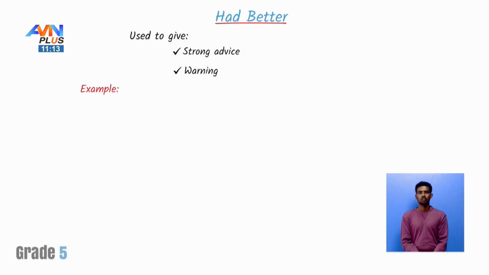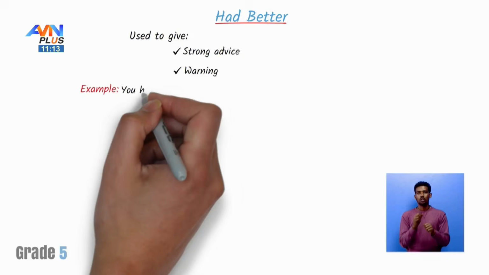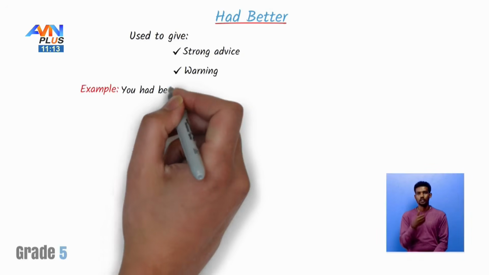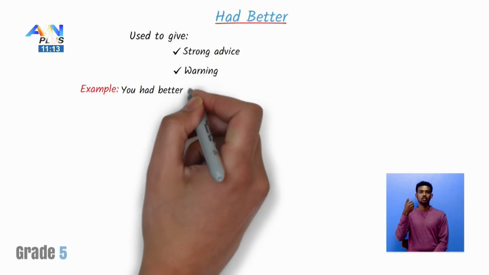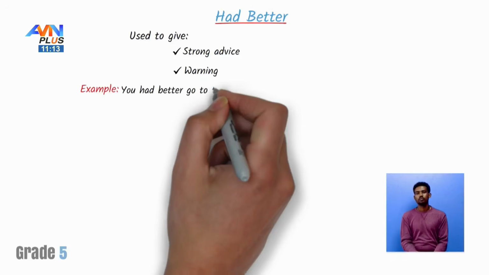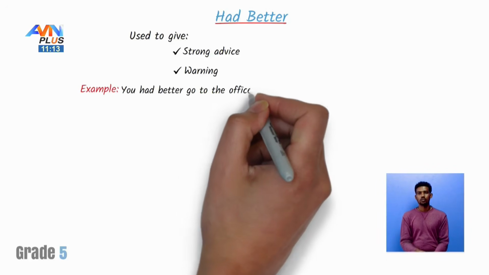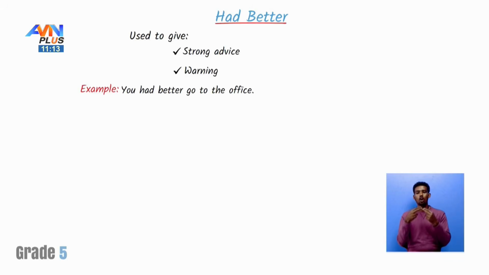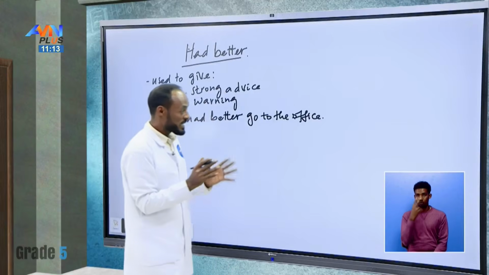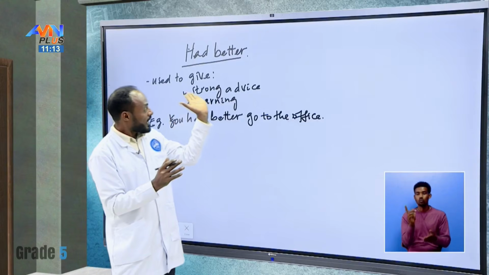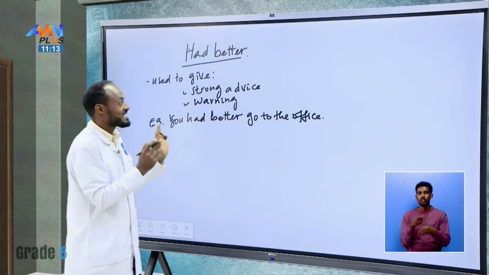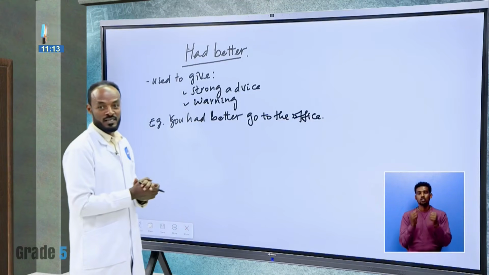So when we say warning, for example, we've said here a strong advice. You had better go to the office. Look, I'm just giving what? Advice. But this one can be said to be strong advice.